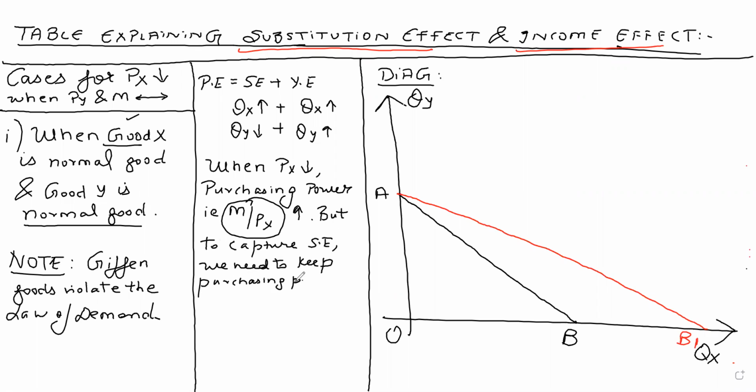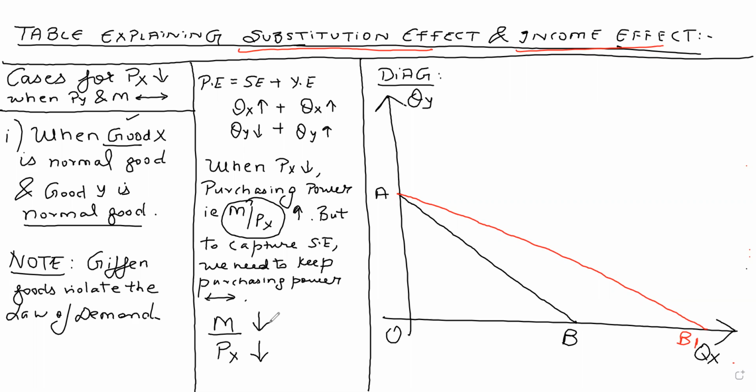Now, how will I keep the purchasing power constant? This is the question. When price of good X has fallen, my purchasing power has gone up. To make it constant, I will also reduce my income. That means, guys, how do I keep a fraction constant?